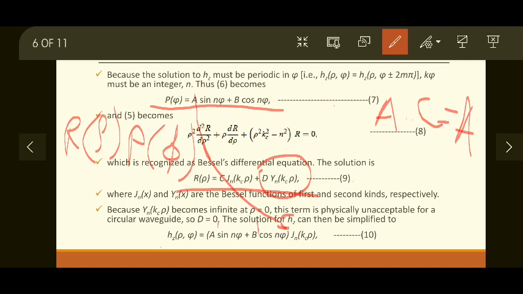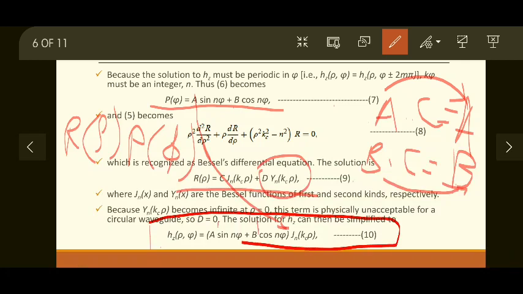Similarly, B into C will be another constant, so call it again B. So C is absorbed into A and B. Now this A is different from the earlier A, and this B is different from the earlier B. So A dash, which is A into C, and B dash, which is B into C, absorb C. So this is the solution for Hz.